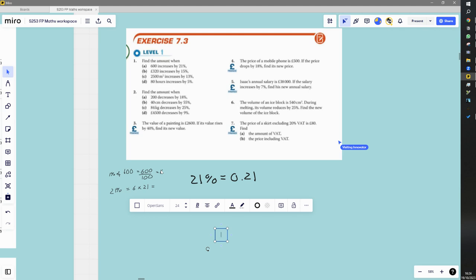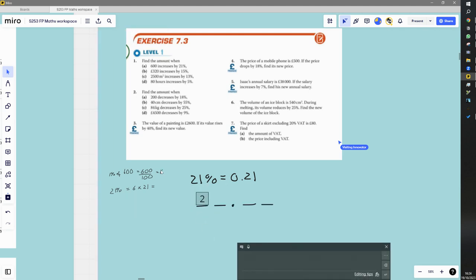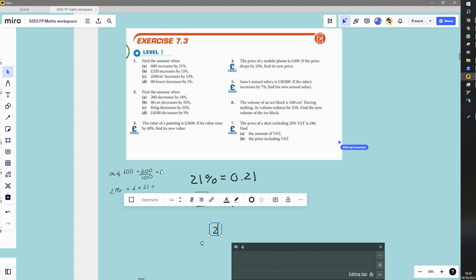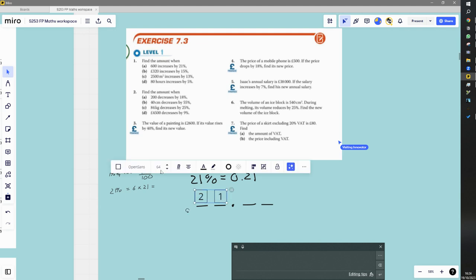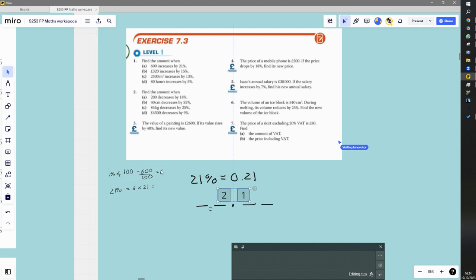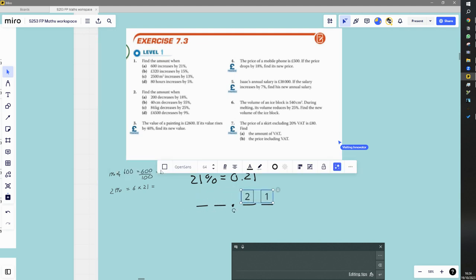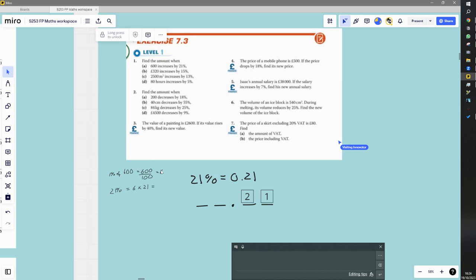So we've got a 2 here, and then we've got a 1 there. And what we do is we move it 1 space, 2 spaces to the right, which means that we have to put a 0 there.